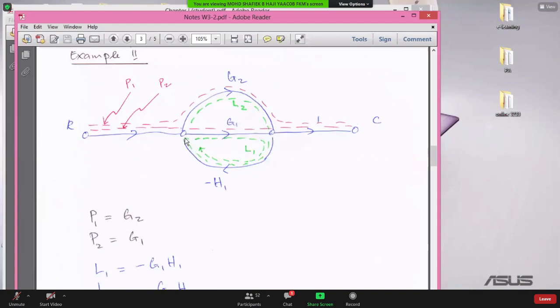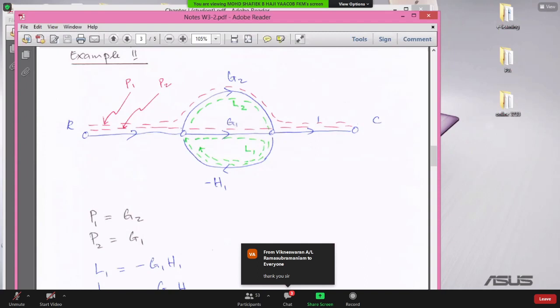A loop is when you start at a node, go around, come back to the same node, that is called a loop. Do you have any other question?